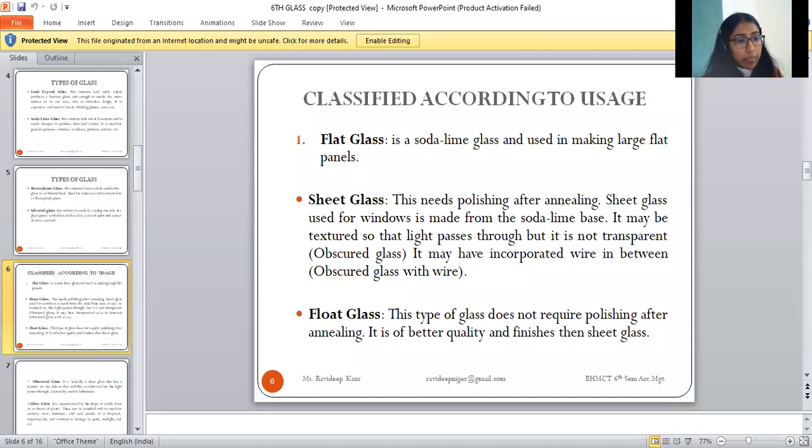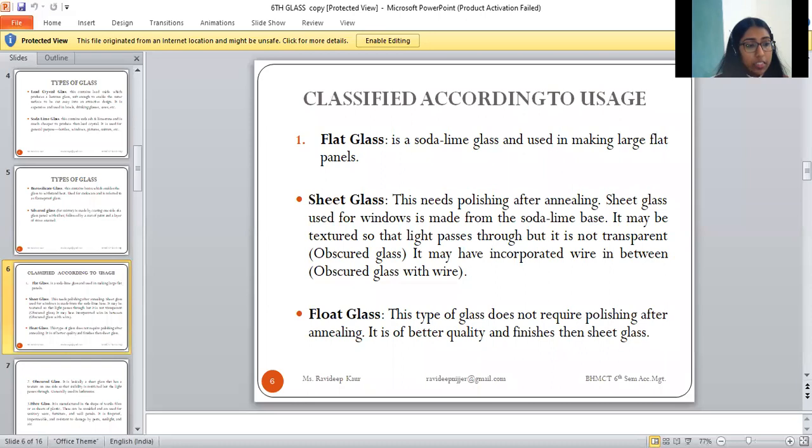It's a soda lime glass and used in making large flat panels. So the first classified glass which we have is flat glass, and it is from the soda lime glass type, and is used for making large flat panels.